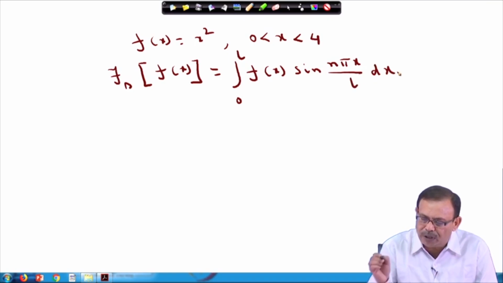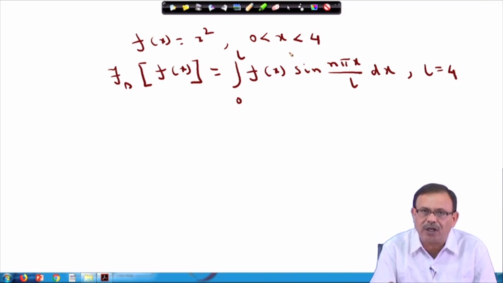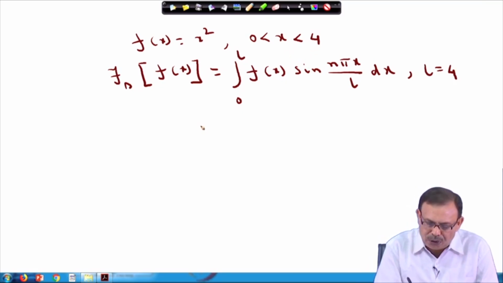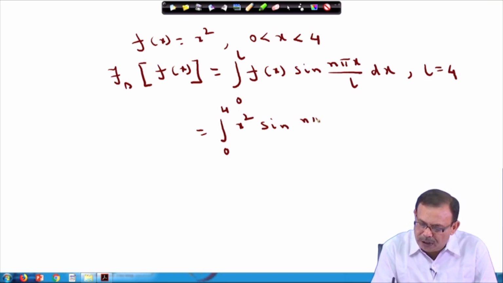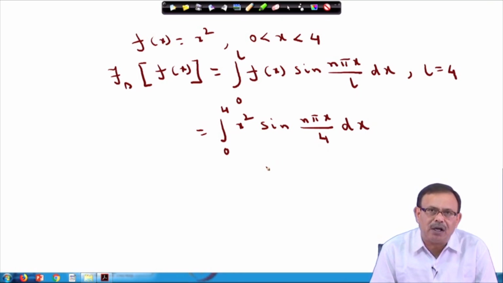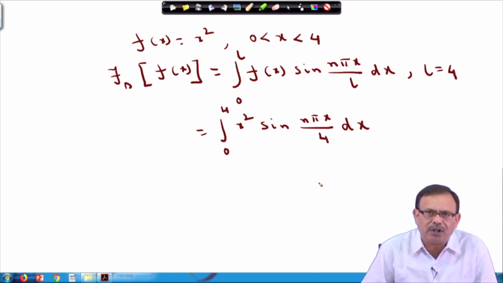Here f x is x square and L is 4, since the function is defined from 0 to 4. So the integral is 0 to 4 x square sin n pi x by 4 into dx. I am not showing how to evaluate the integral using integration by parts, since we have done all these things earlier.